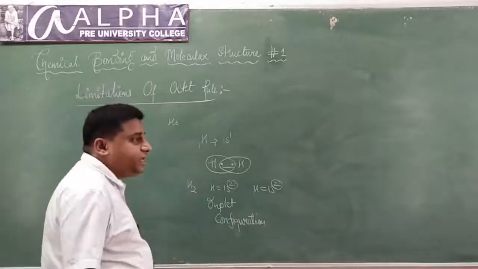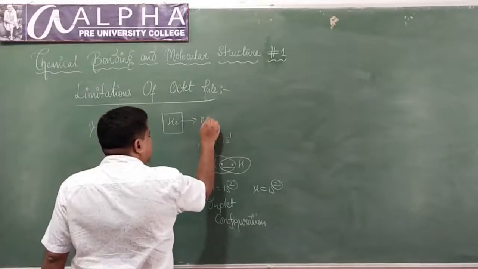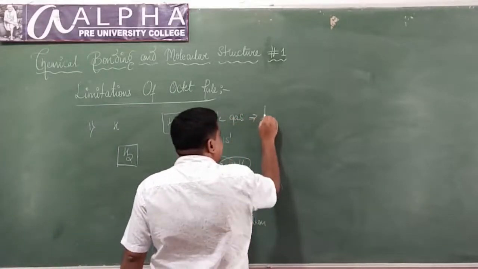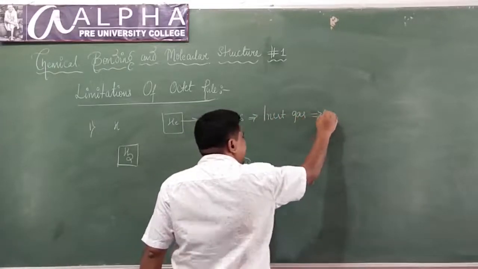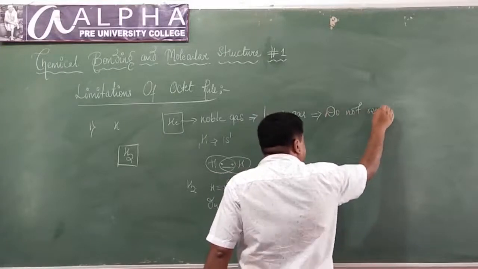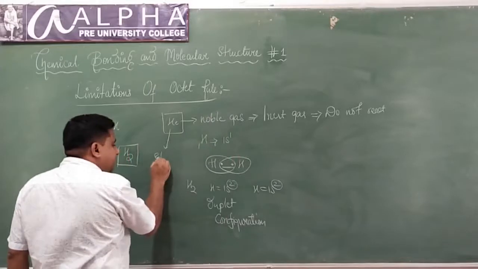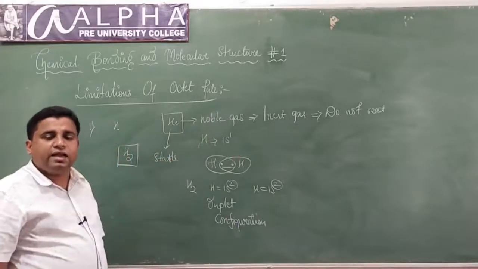Even in the case of helium, helium is a noble gas. It's an inert gas. It does not react at all. Why does it not react? Because helium is stable. Why is helium stable? Does it have 8 electrons?